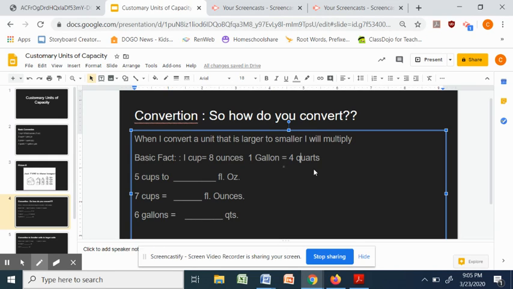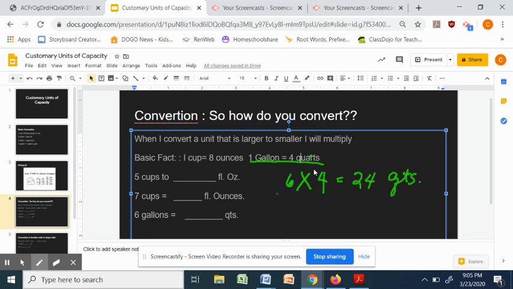Our basic fact is that 1 gallon is exactly the same as 4 quarts. So I have 6 gallons, and if 1 gallon is 4 quarts, I'm going to multiply 6 gallons times 4. 6 times 4 is 24 quarts.